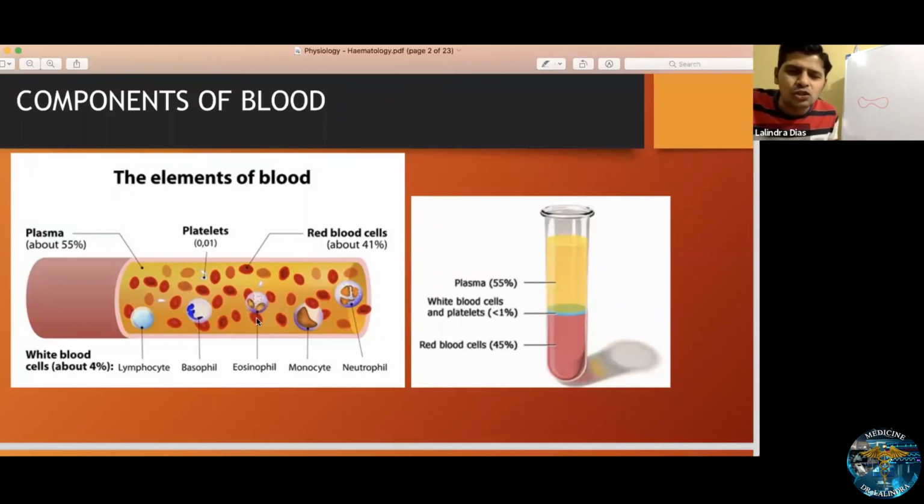The eosinophil also has granules, and those granules mainly contain histamine. That's why in an allergic reaction you have release of histamines. Then you also have the other type of granulocyte called basophils. They all play their individual roles in immune response and also allergic responses.